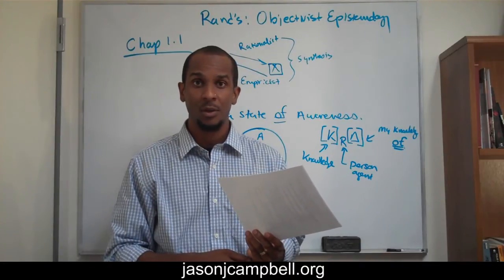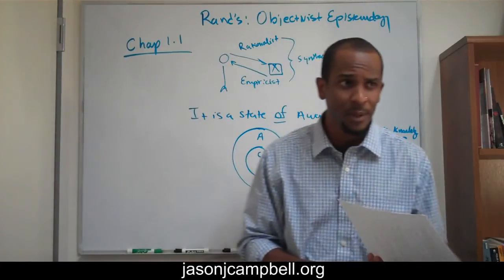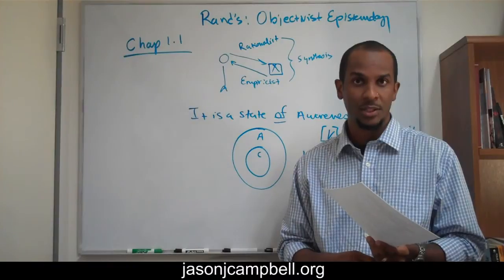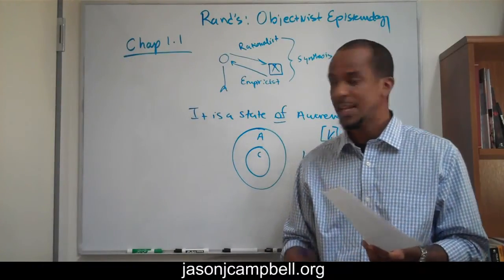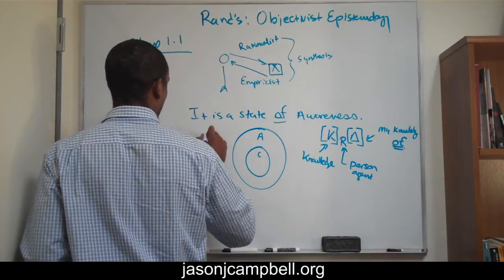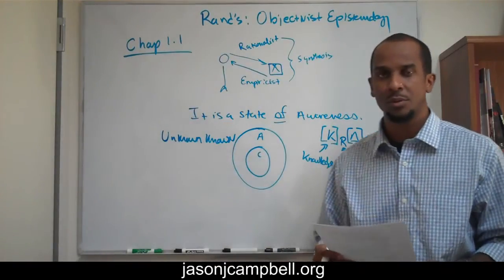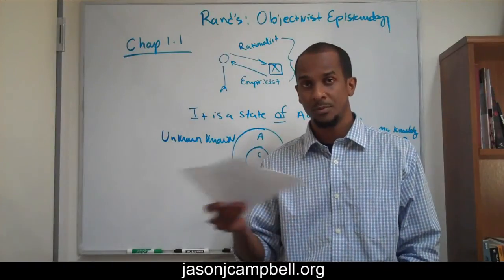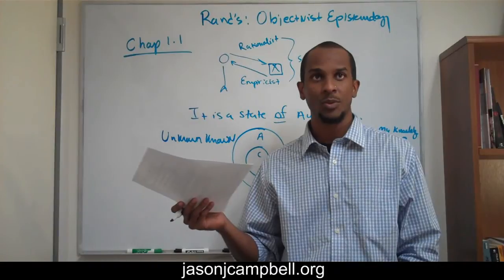This is my first video on Rand, but I've been studying her Objectivist epistemology for a while, and I did a video, as I said before, on the idea of the unknown known, as it relates to a discussion on Rumsfeld's speech on the known unknowns, and Zizek's response to that.